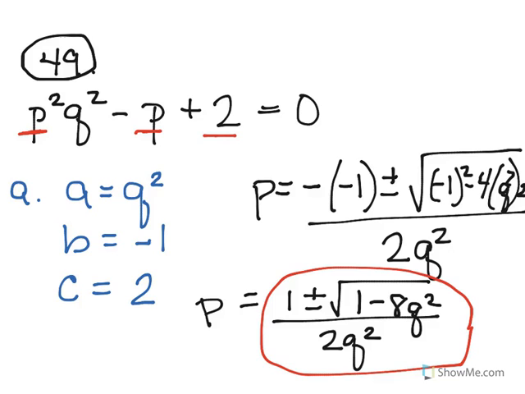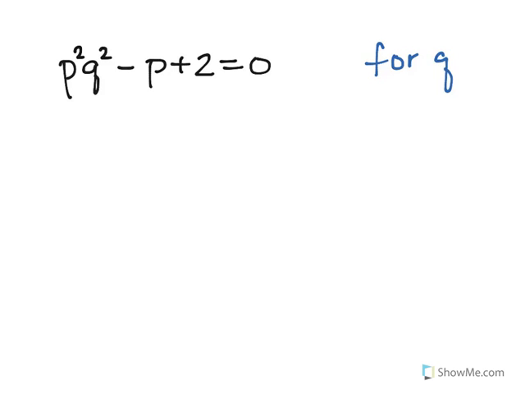Okay, so now I want to look at that problem from part B, the Q point of view. So now we're being asked to solve for Q. So I want to look, we have a Q squared. We don't happen to have any Q term, and everything that's left over becomes our constant. So when we're naming our A, B, and C here, it's a little tricky. A is whatever is multiplying times the Q squared, which in this case is a P squared.